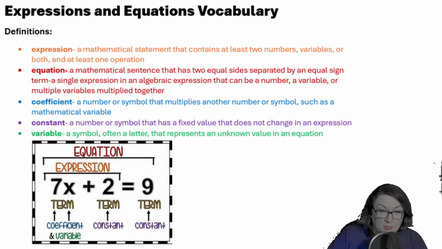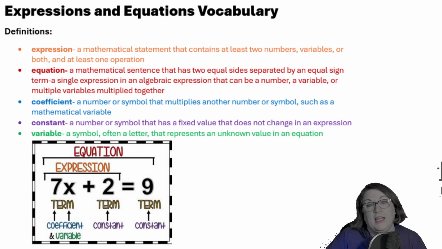Term: a single expression in an algebraic expression that can be a number, a variable, or multiple variables multiplied together. So basically the difference between an expression and an equation is that equal symbol. If you have an equal symbol in it, it is not a mathematical expression, it is a mathematical equation.